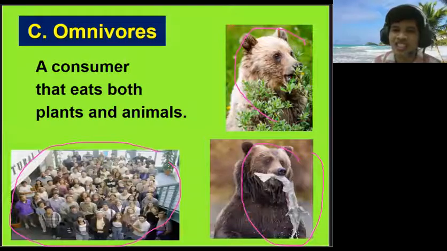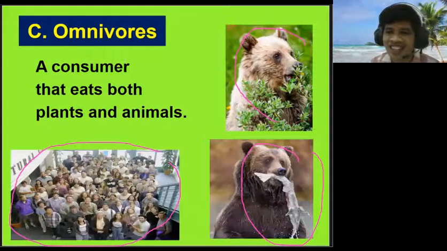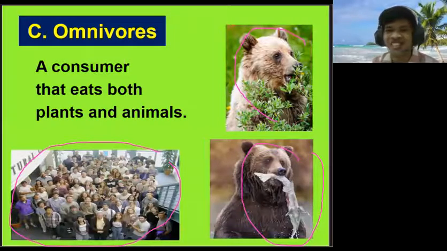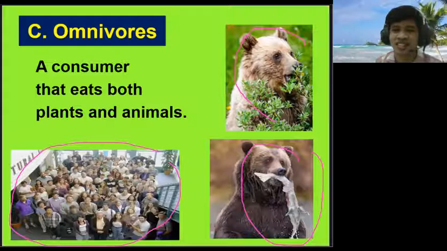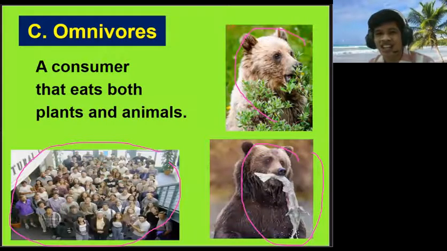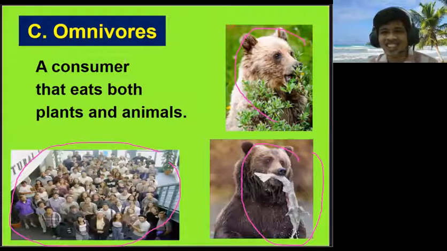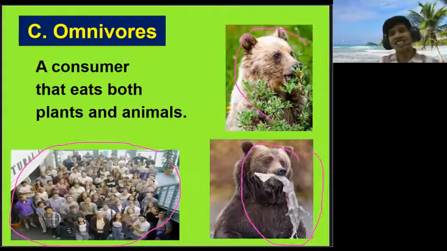Okay, omnivores because you eat both plants and animals, unless one of you is a vegetarian. Vegetarian meaning you eat only vegetables. You don't eat other animals, cooked animals, of course. All right, so these are omnivores.